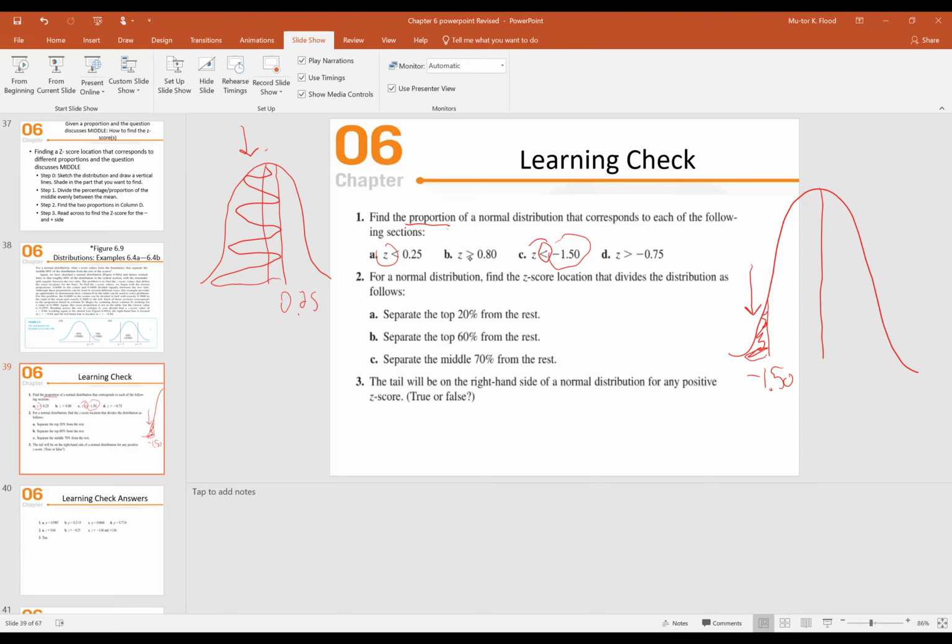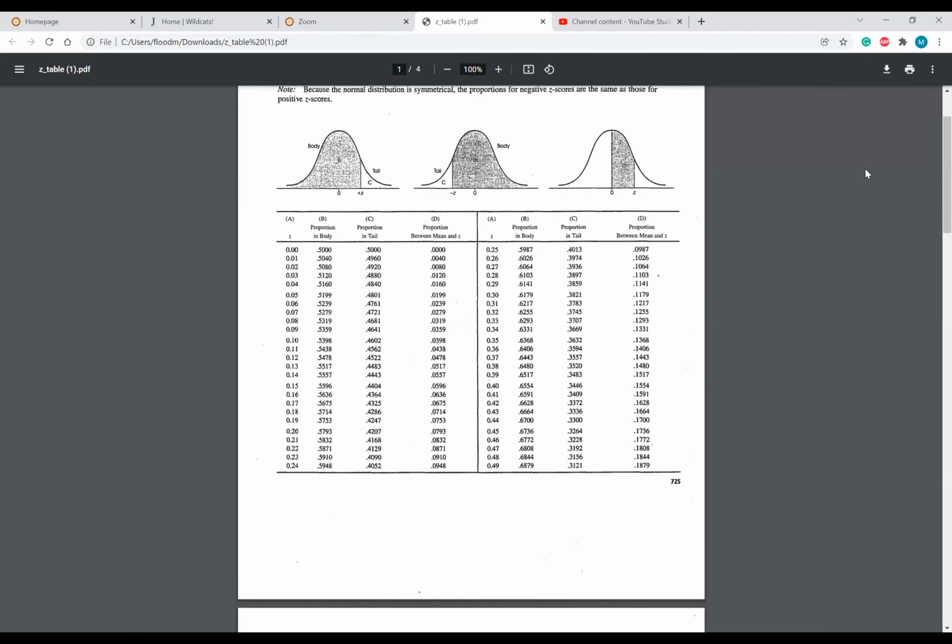So what we're going to do is we're going to find the z-score in column A and then look over to the proportion that is in column C, which tells us the proportion that makes up the tail for that particular z-score. But that z-score was negative, and there are no negative z-scores in this unit normal table.